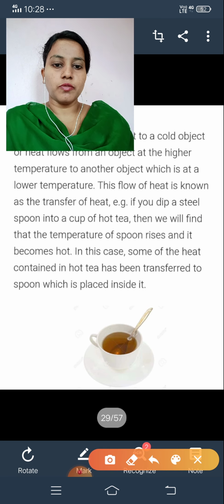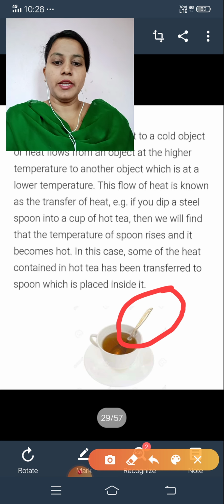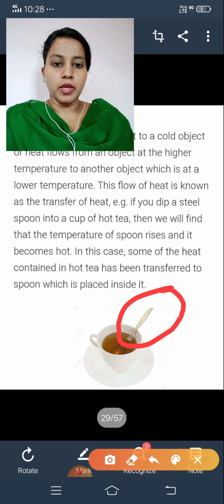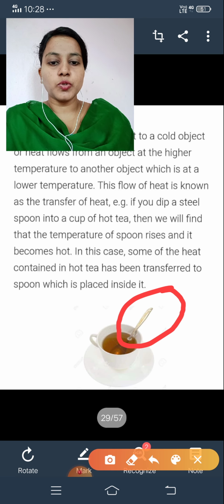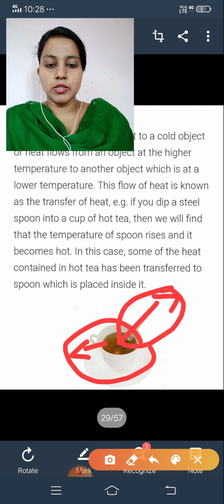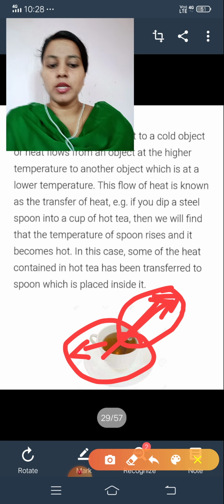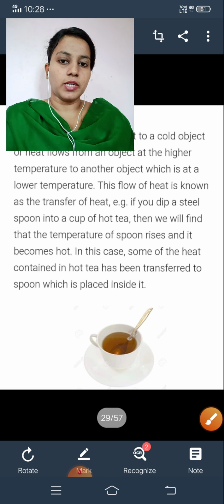The temperature of the spoon rises and it becomes hot. Some of the heat contained in the hot tea has been transferred to the spoon. So it is an example of heat transfer.